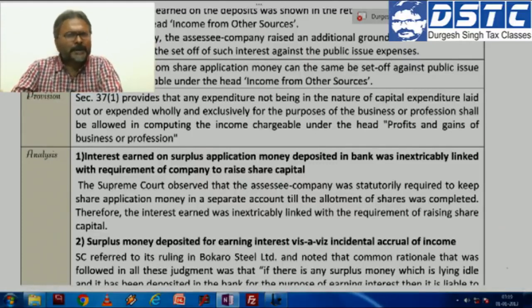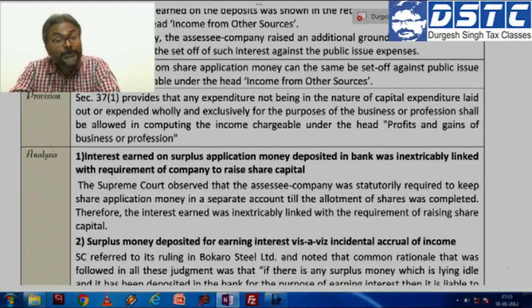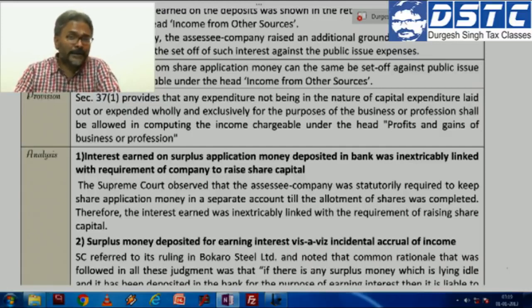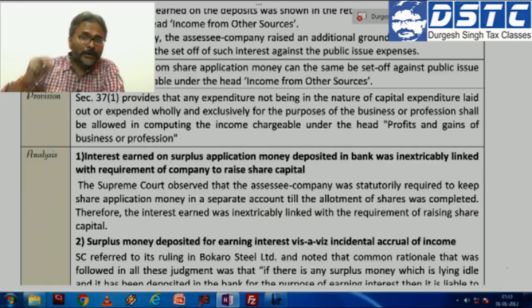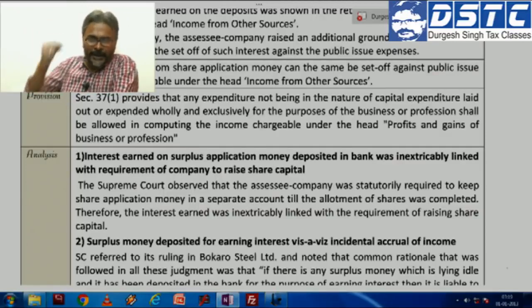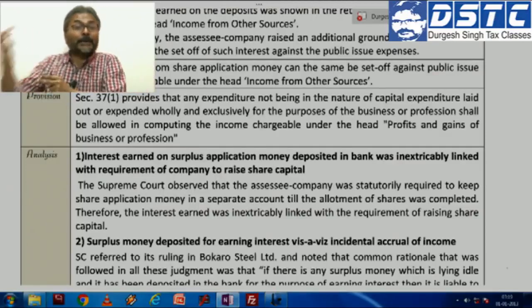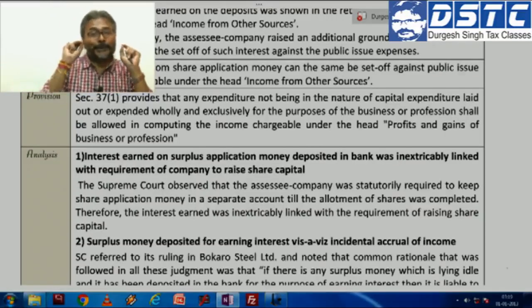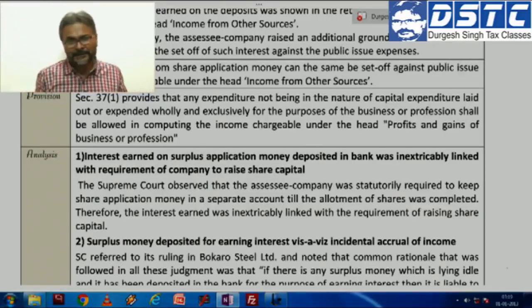There was no independent investment being made on which this interest income is arising. This interest income essentially is arising on account of what? On account of the issue of shares. So the interest income is linked with what? With the process of the issue of shares.